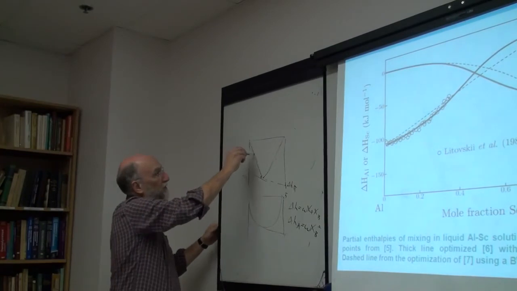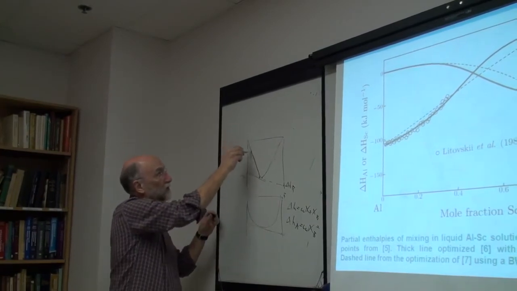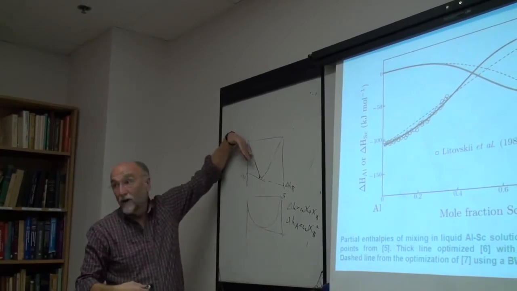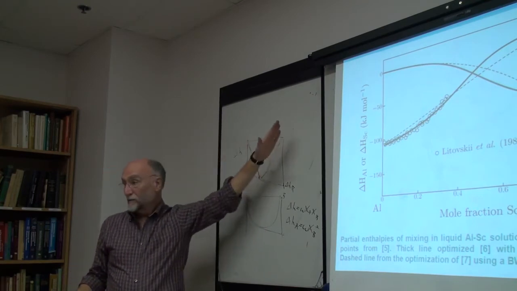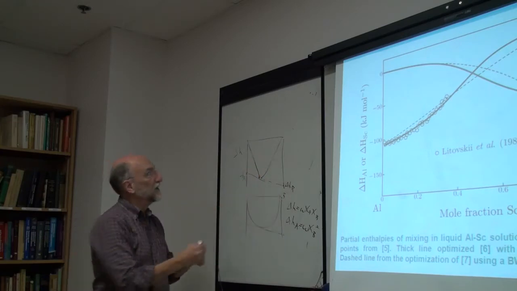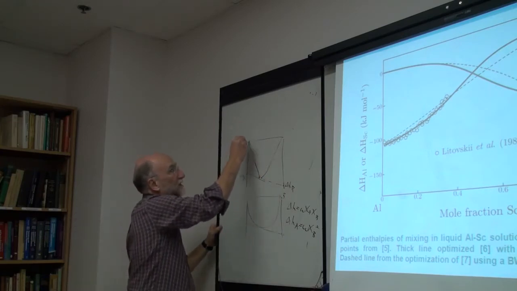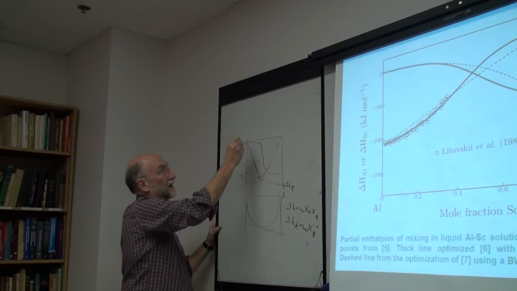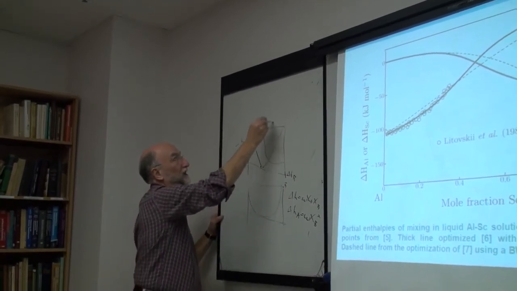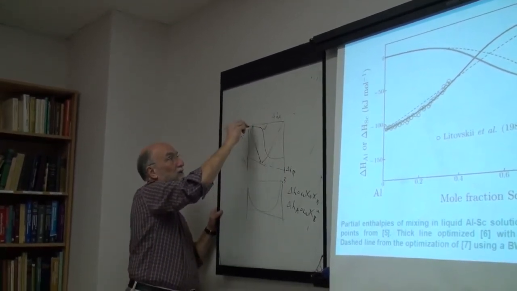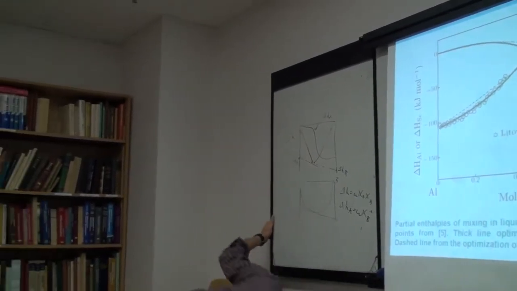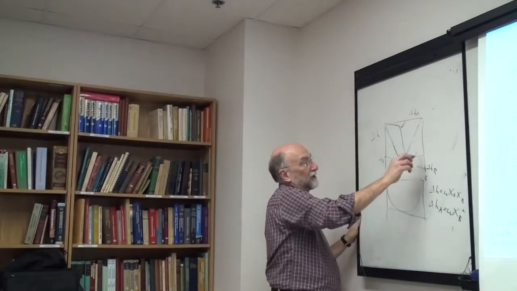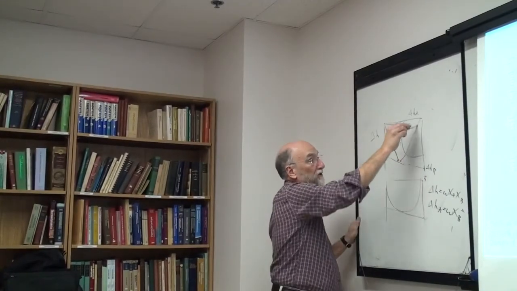If you're up here, this is almost a straight line, so delta HA is almost zero along here, very small, and then suddenly, very quickly, becomes negative and then becomes another constant. So delta HA tends to look like that, like a titration curve. This is the curve for delta HA. Delta HA remains almost zero up here, because that's the intercept here, then drops very quickly, and then it levels out to another value, which is the intercept down here.